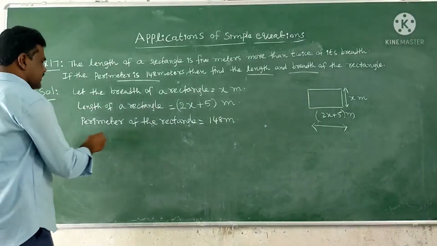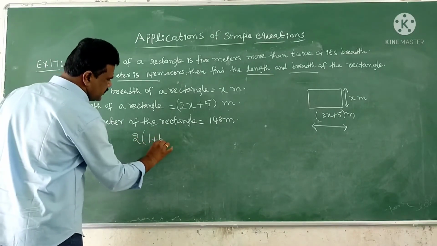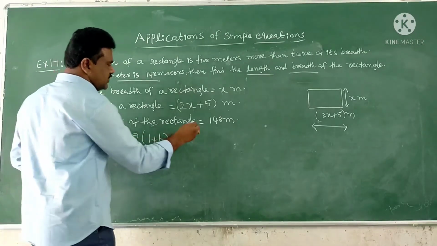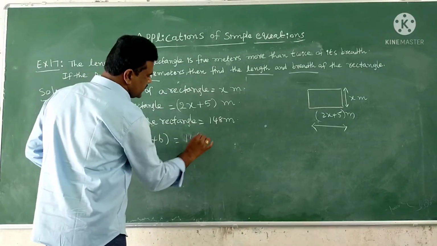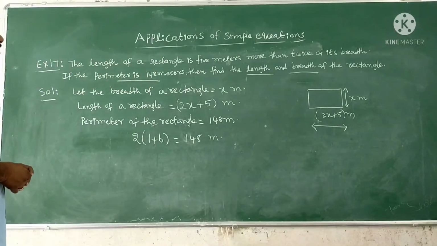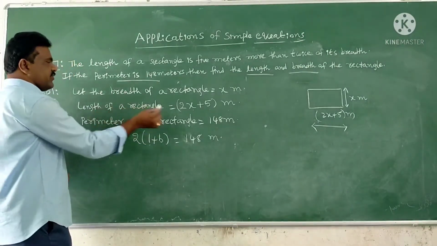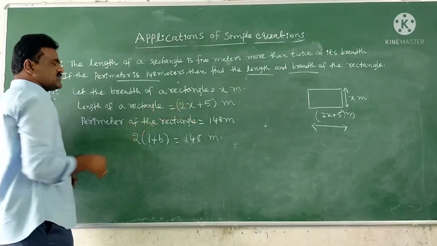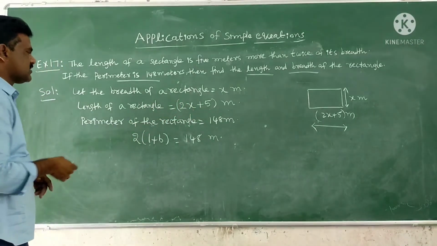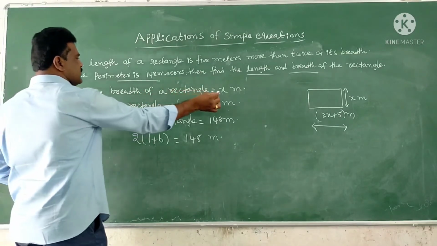Perimeter of the rectangle is 2 into (L plus B), equal to 148 meters. Here, L is the length, 2x plus 5 meters, and the breadth is x meters.